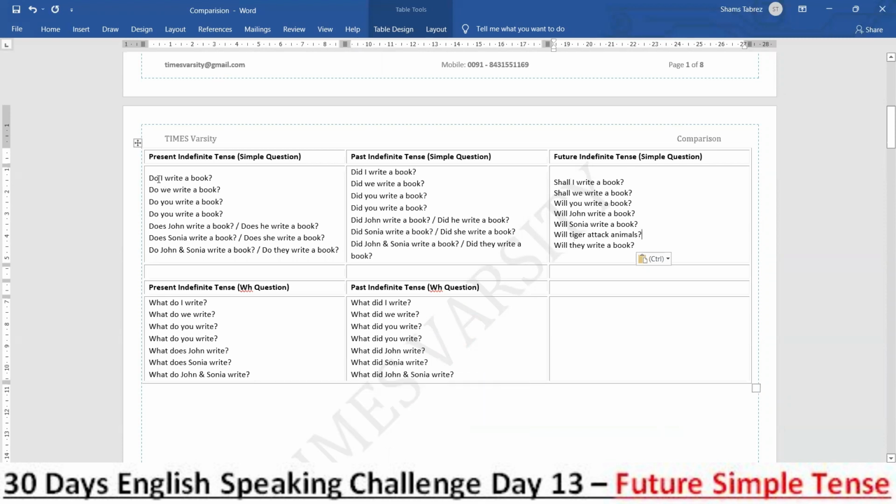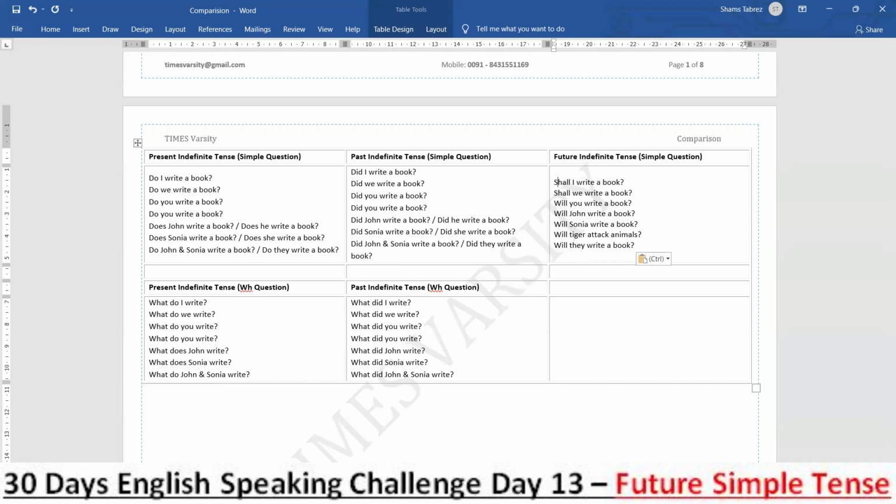So here the helping verb is do or does based on whether it is third person singular or not. Here did is a simple question starting with the helping verb did because did is the helping verb used. Similarly, whichever helping verb is applicable, the question starts with that helping verb. Shall I write a book? Shall we write a book?